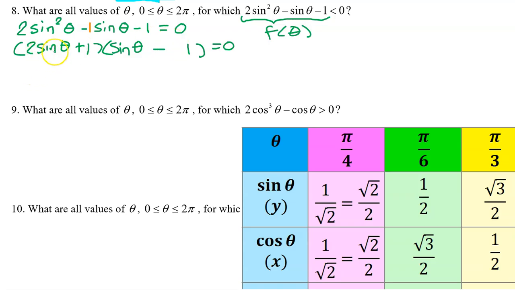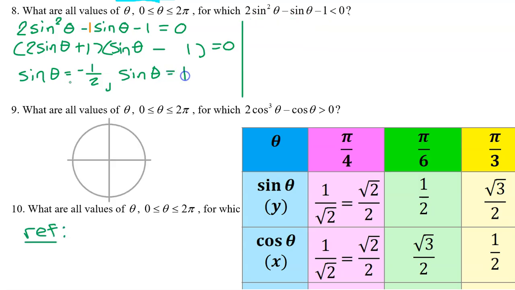If I set 2 sine theta plus 1 equal to 0, I would subtract 1 from both sides and then divide by 2. So we will get sine theta is equal to negative 1/2. Setting sine theta minus 1 equal to 0, I'm going to add 1 to both sides. So I get sine theta is equal to positive 1.